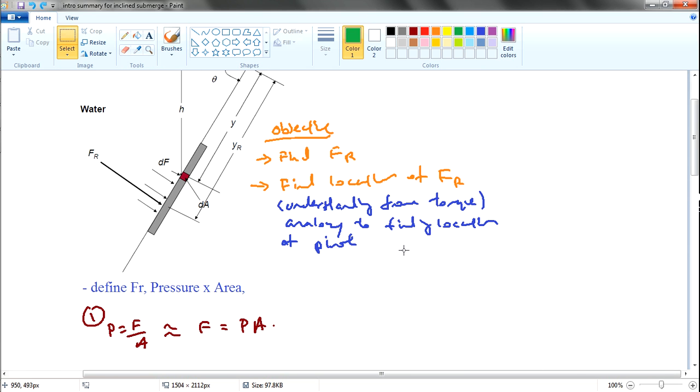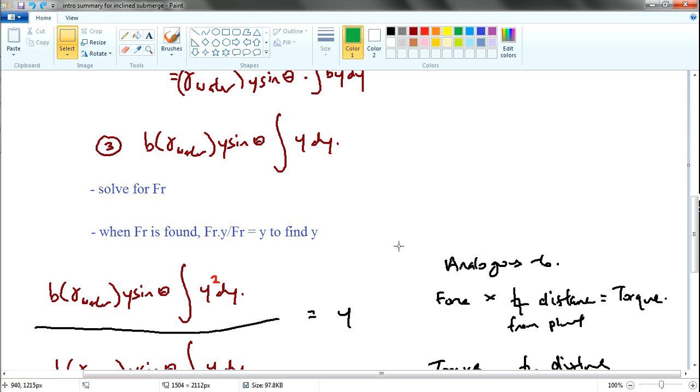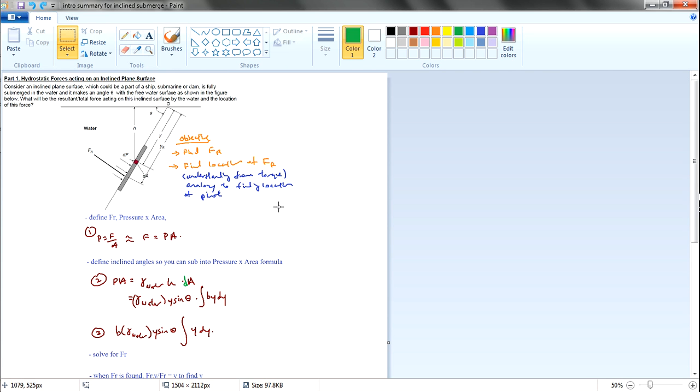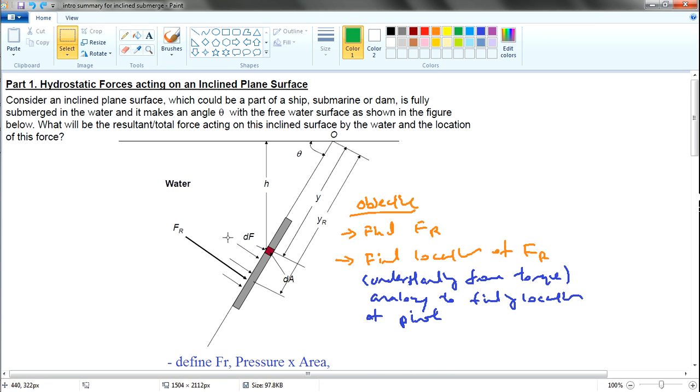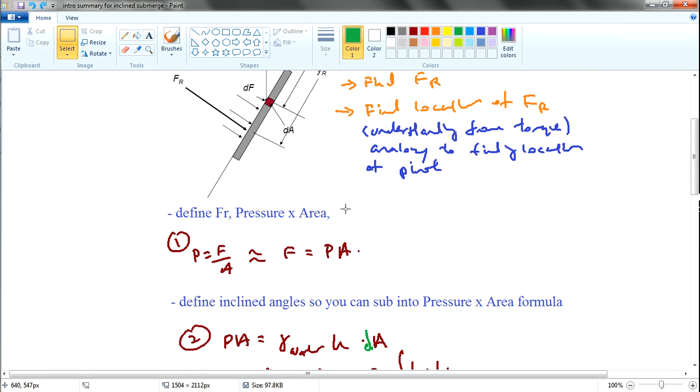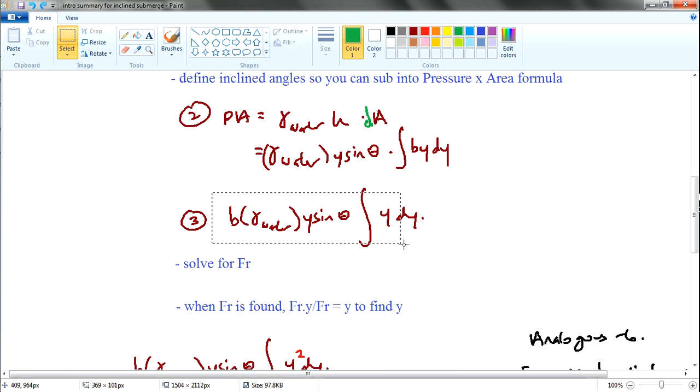So with this whole concept, hopefully I can give you a good intuition on how everything works. And then next video I'll talk about applying it. So just to summarize, it's pretty easy. To find a force, you use force equals pressure times area, and then you expand it into this.